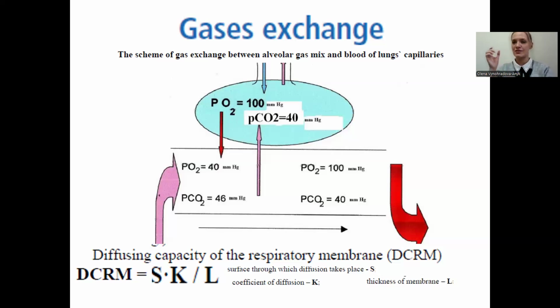This is a standard value, always K, a constant value. And the thickness of the membrane we denote as L. That's why the diffusing capacity of the respiratory membrane will depend on the surface where diffusion happens, the coefficient of diffusion, and the thickness of the membrane through which gas diffusion happens.